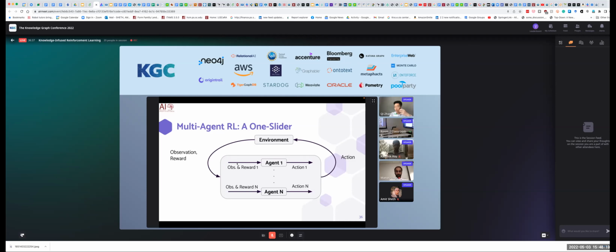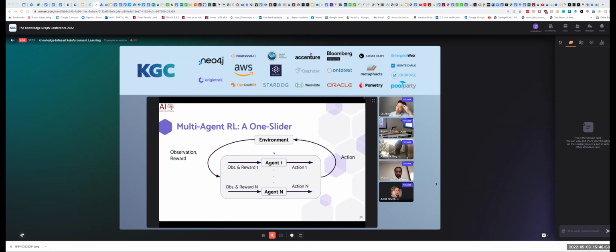Every agent takes as input its own observation and reward, and as output decides what its action will be for the very next time step. This joint action of all the agents essentially determines how the environment will transition at the very next time step.